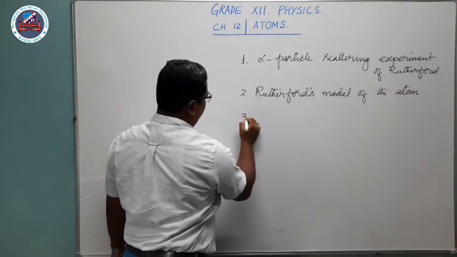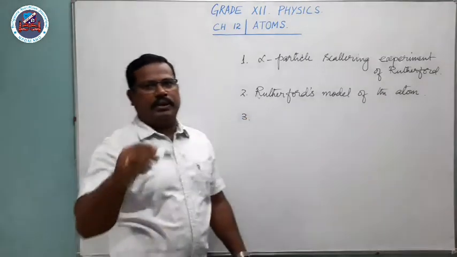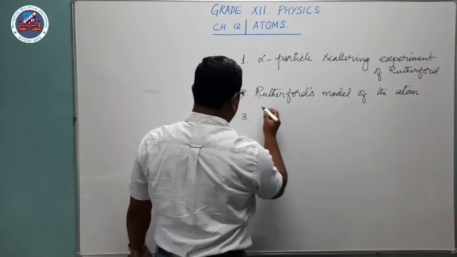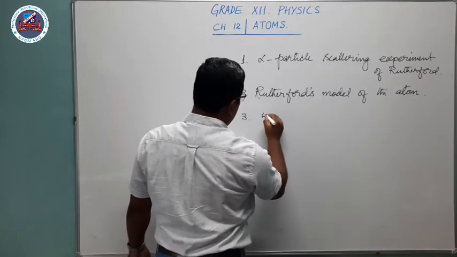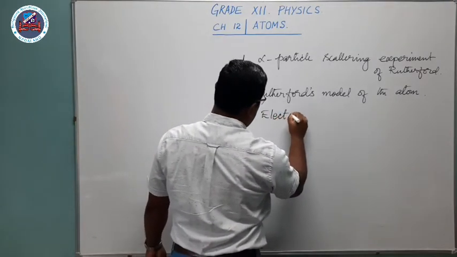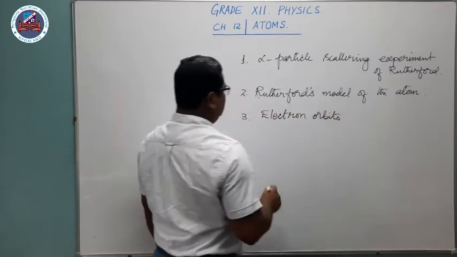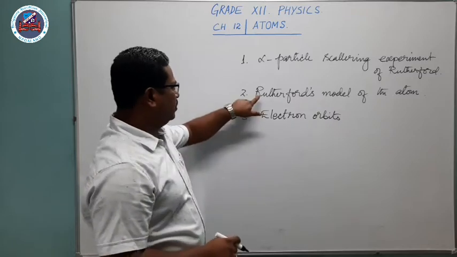Then the third thing that you are going to learn in this chapter is about the electron orbits, how electrons revolve around the nucleus. Then the drawbacks of Rutherford's model will come.